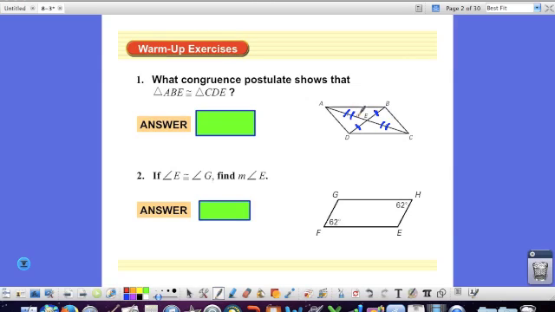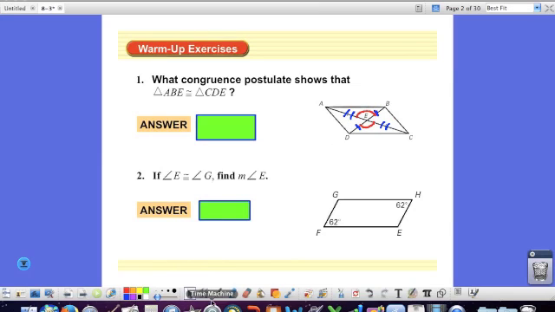Also, angle AEB would be congruent to angle DEC because they're vertical angles. So side angle side tells you that these triangles are going to be congruent.